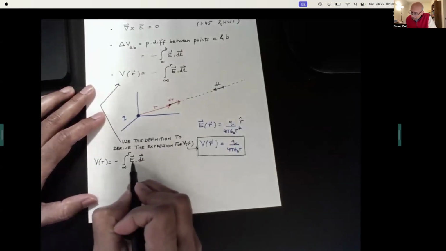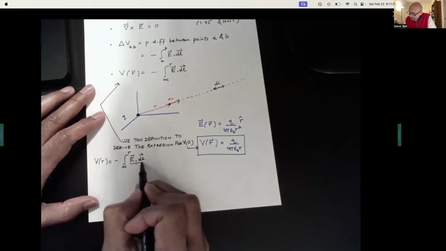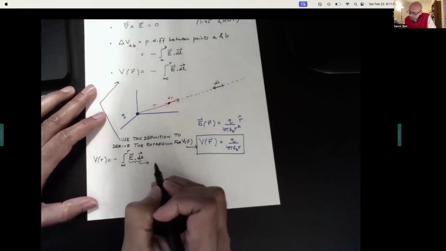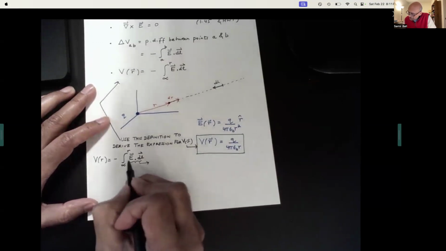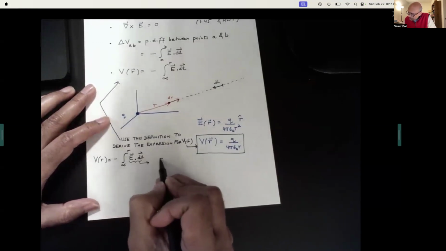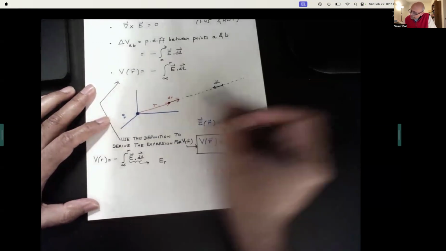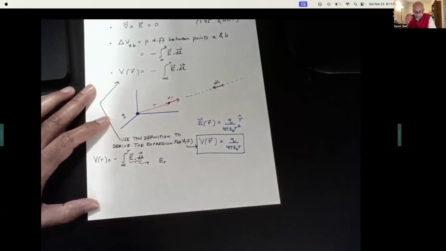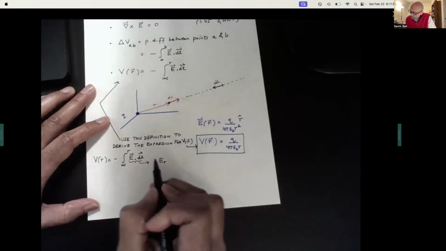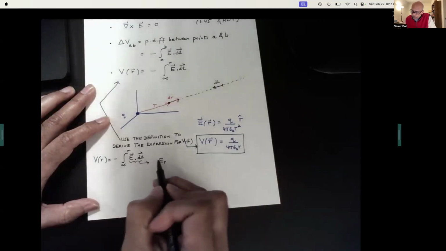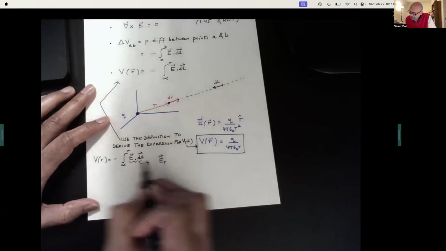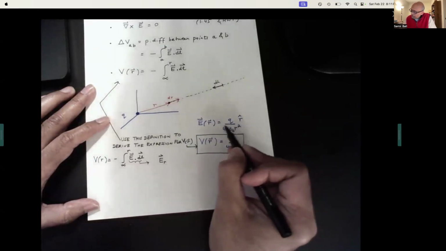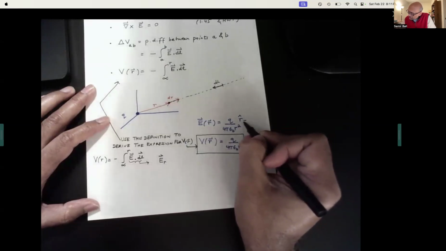So the dot product here, E dot dl, the E sub r points outward, so the vector E field is vector E sub r. That's what this guy is.